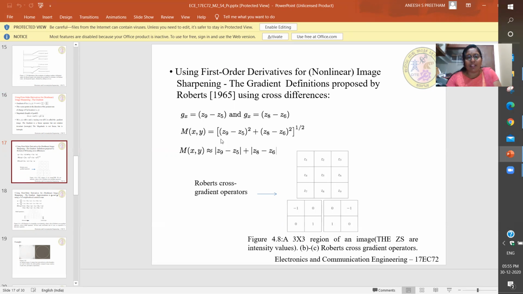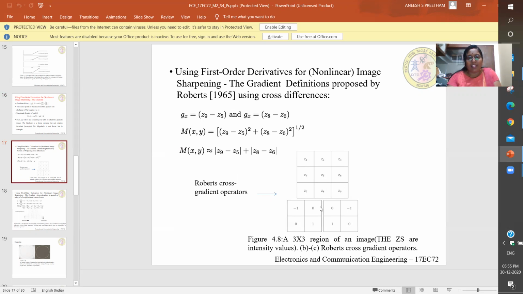M of x comma y is equal to (z9 minus z5) whole square plus (z8 minus z6) whole square, whole to the power of 1 by 2. M of x, y is approximately equal to the absolute value of z9 minus z5 plus the absolute value of z8 minus z6. So these are all Roberts cross gradient operators.